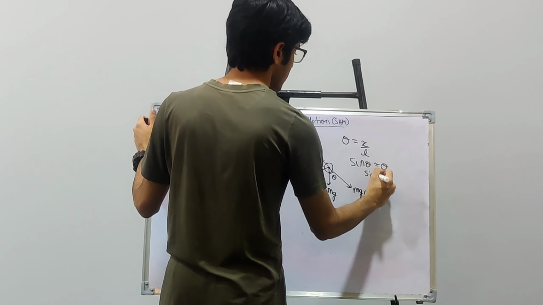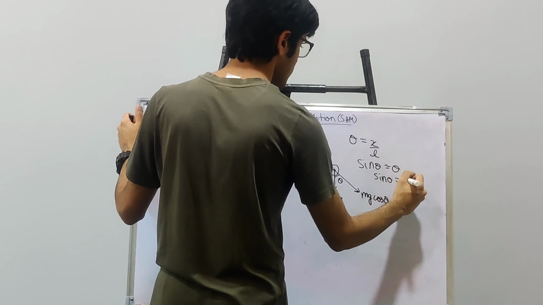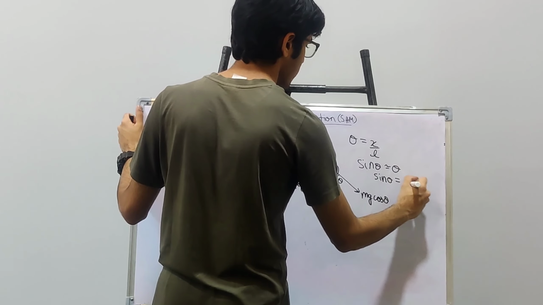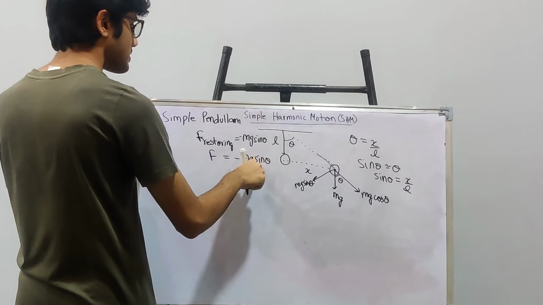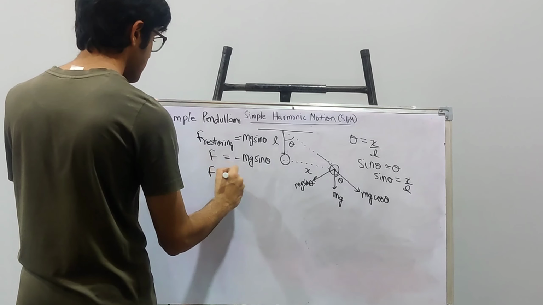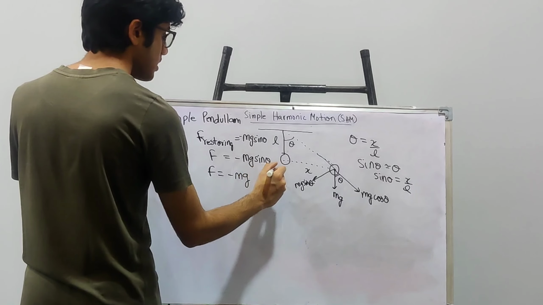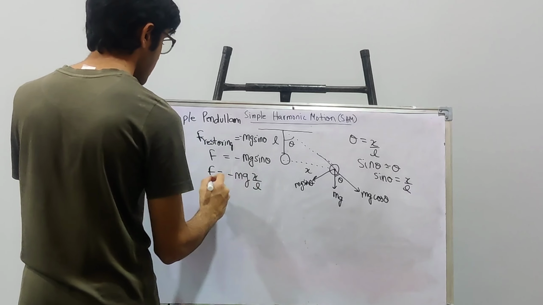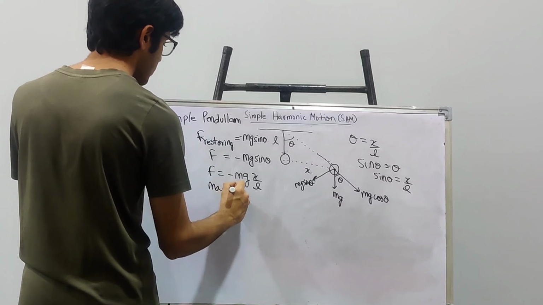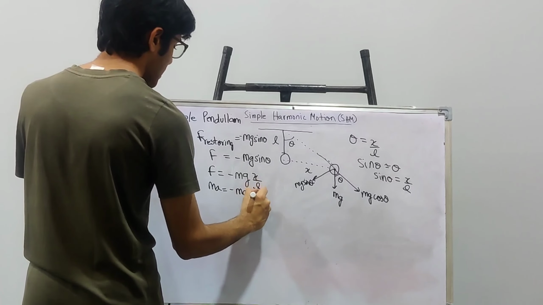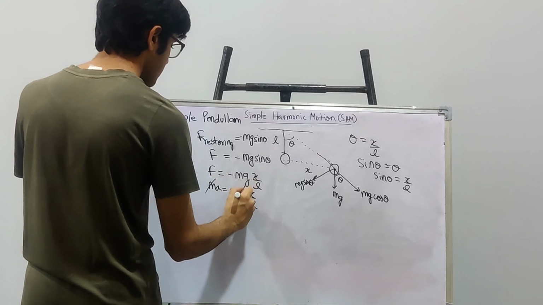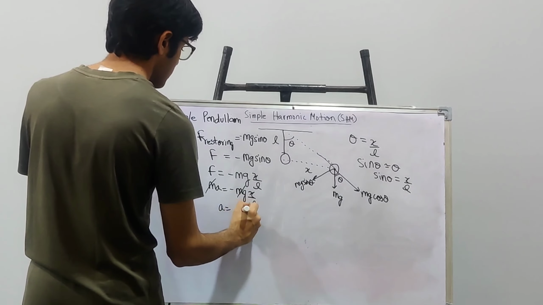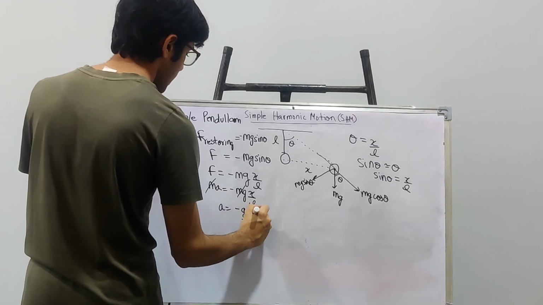So sin theta will also be, in this case, when theta is small, x upon L. So when we replace sin theta here, we get F is equal to minus mg, sin theta is x upon L. F is ma, which is equal to minus mg x upon L. Mass gets cancelled. A is equal to minus g by L x.